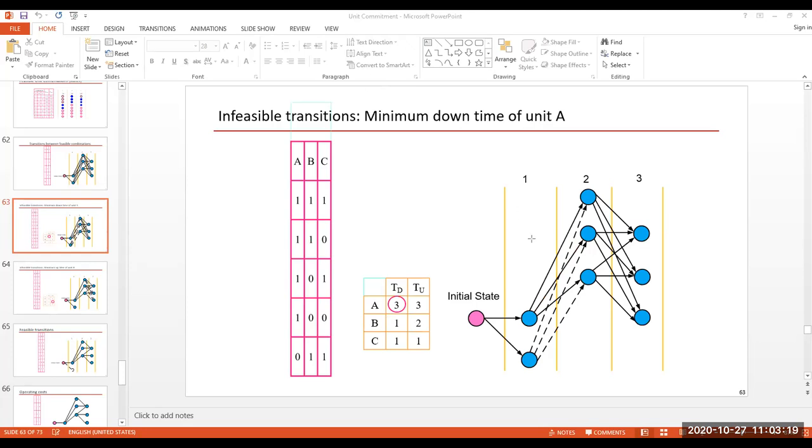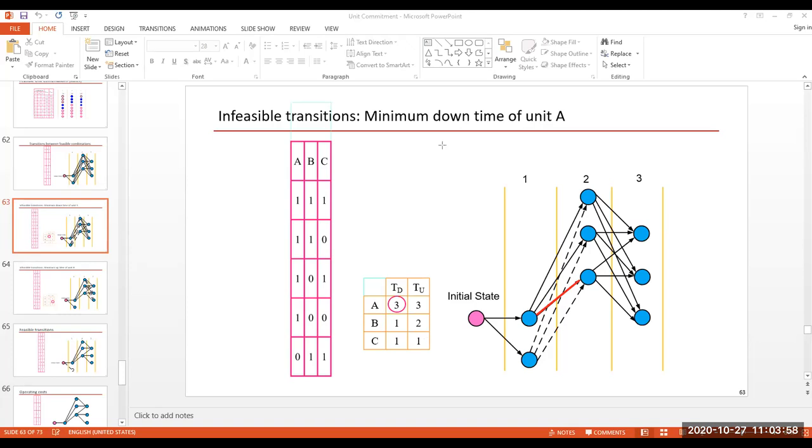Okay, so next, this one. Can anyone tell me, is it a feasible one? I'm in 100 and I have to go to 101. Is it a feasible transition? Yes, sir, it's feasible.